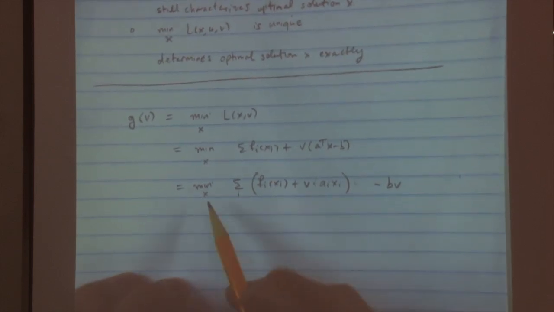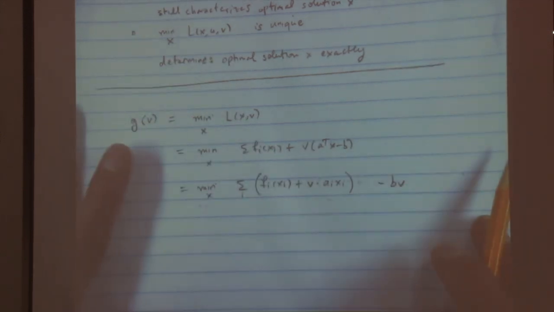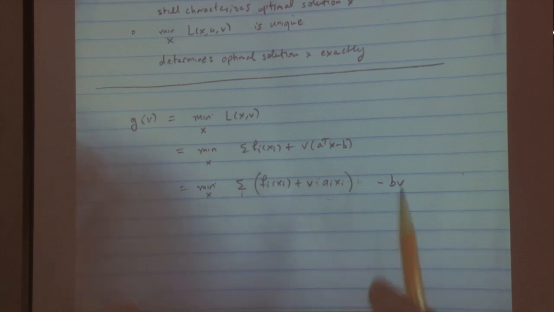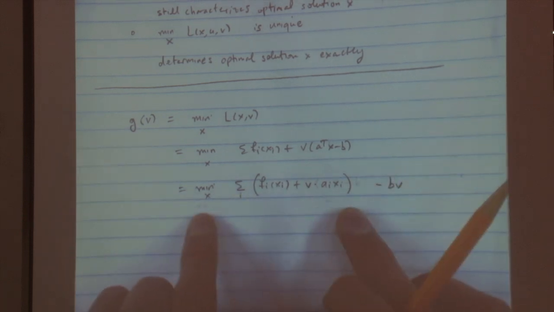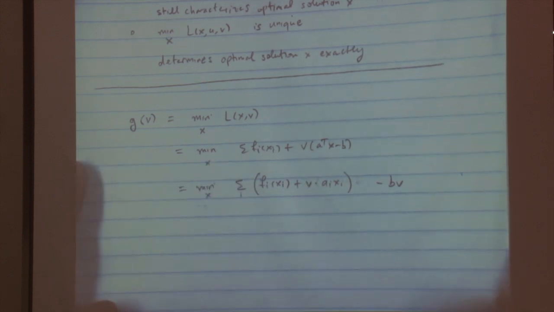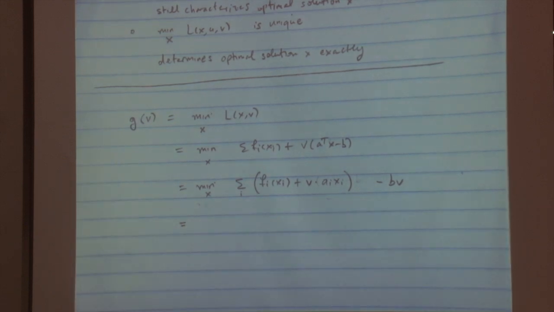Okay, so look at this minimization problem that we have to perform over x in the Lagrangian to get the dual function g of v. It decouples into n separate ones. So in many instances, we can analytically solve this if f was a nice function. We've already gotten rid of the role of the constraint.